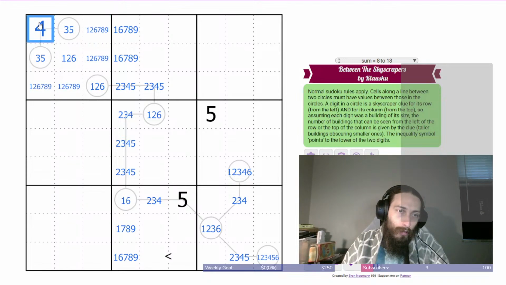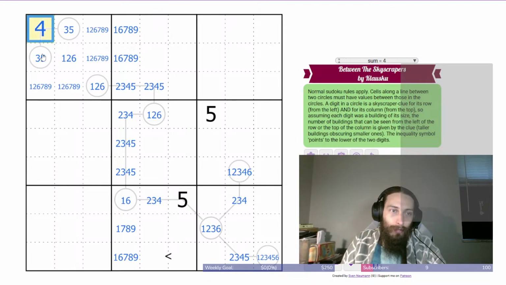And if we look going top down, the 3 is not going to be seen past the 4. So we would have a 4, and then it wouldn't be able to be 9 yet. Yeah.